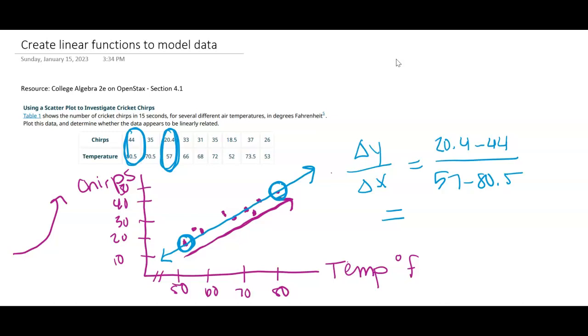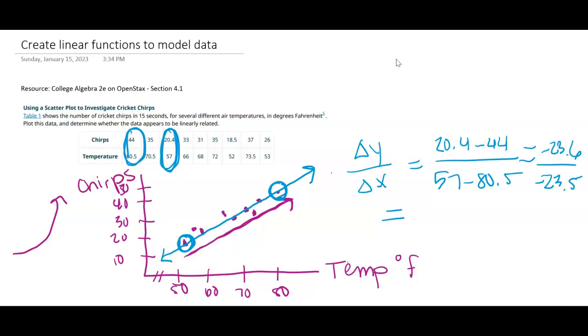Grab my calculator. 20.4 minus 44 gives me negative 23.6. 57 minus 80.5 gives me negative 23.5.